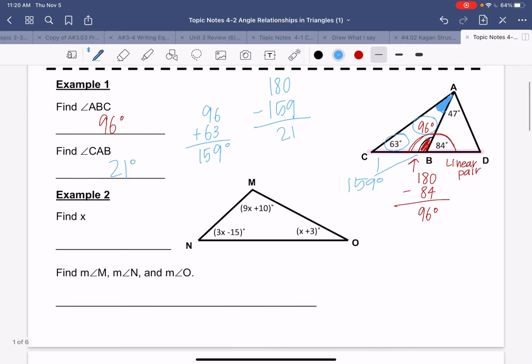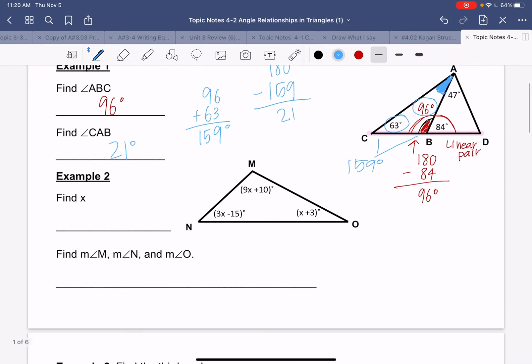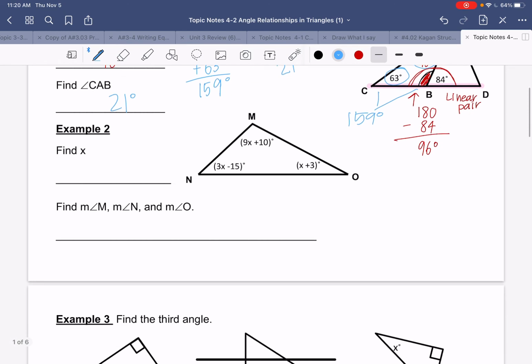All right. This is my last example I'll do, and then I'll finish the rest of those problems on Monday. We have example 2, triangle MNO with algebraic expressions in them. So I have angles with algebraic expressions, and I want to find x.